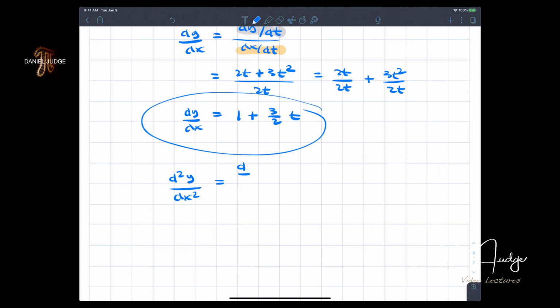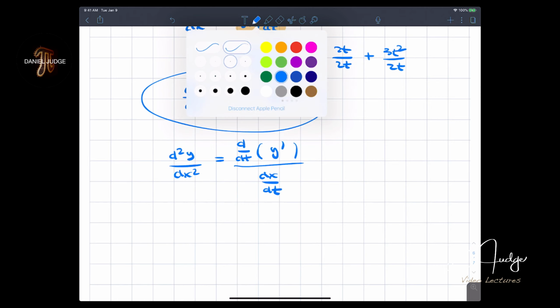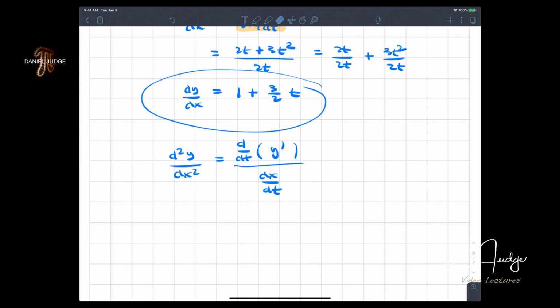That's d/dt of the first derivative over dx/dt. Now you say, how do we work this? Well, this is 1 plus 3/2 t, right? And what was dx/dt?